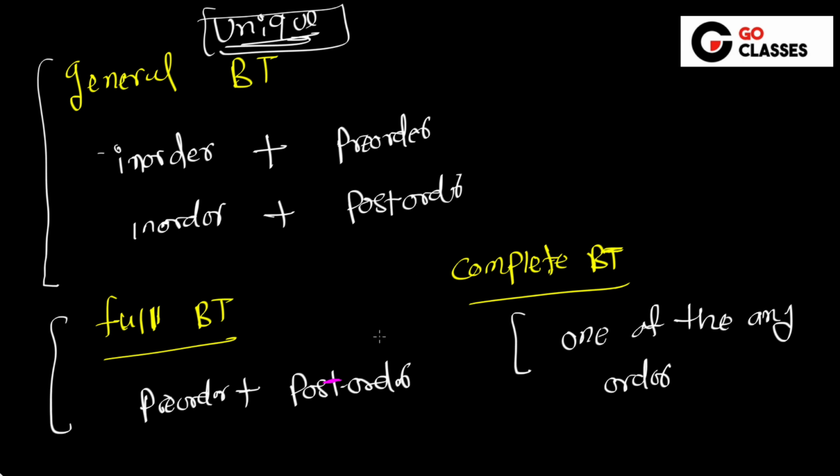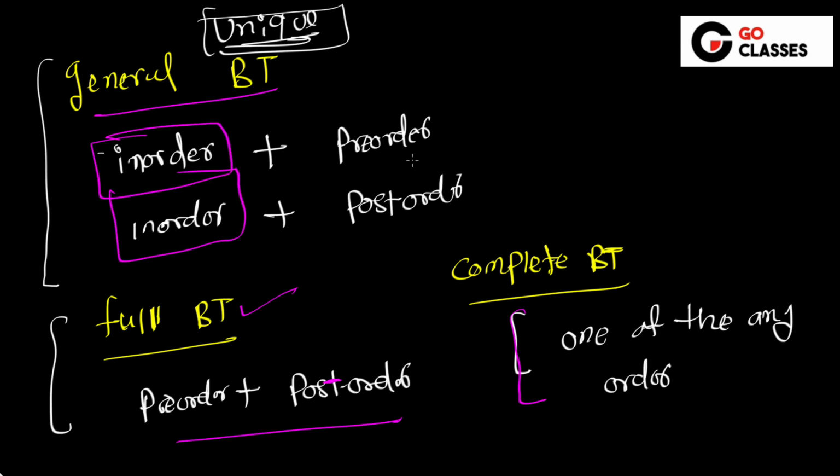It depends on which kind of tree we are dealing with. If we are dealing with a full binary tree, then yes, it is possible. If we are dealing with a complete binary tree, then just using one order, maybe pre-order, post-order, in order, whatever it is, right? Just using one order, it is possible. If we are dealing with a general binary tree, then we need in order is must, right? This in order is must. Then we need either pre-order or post-order, right?